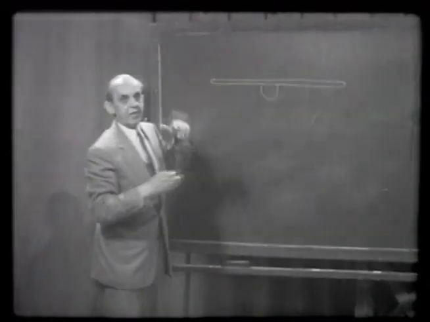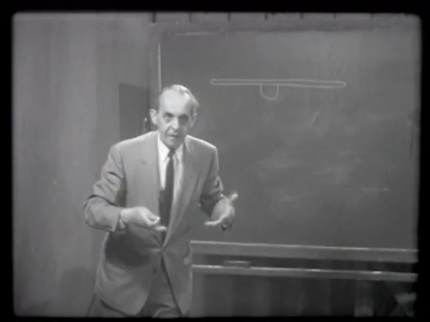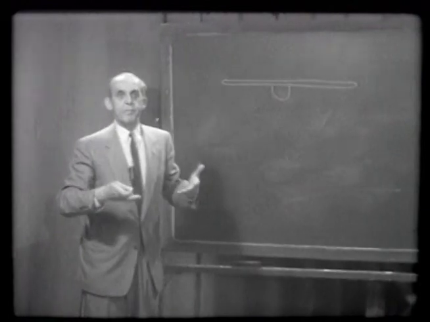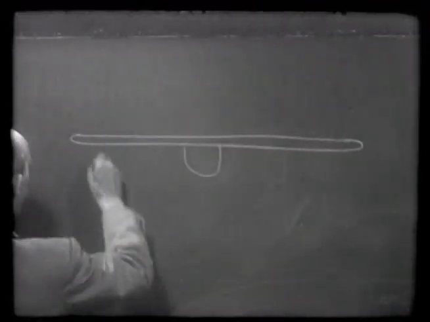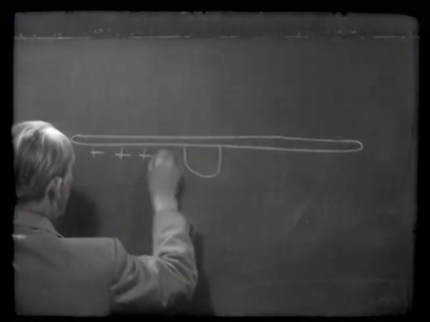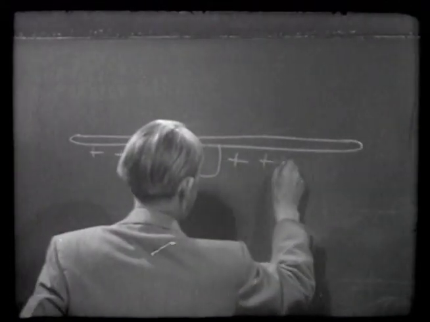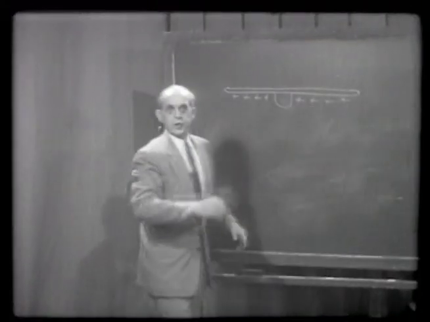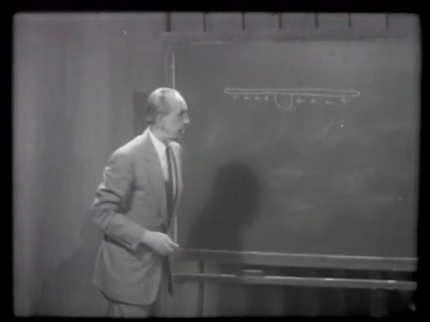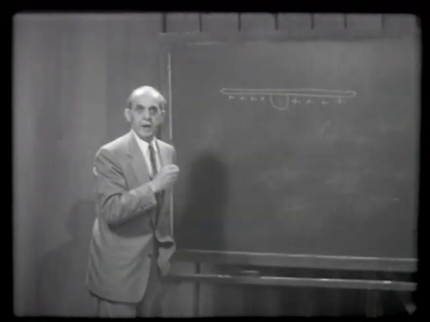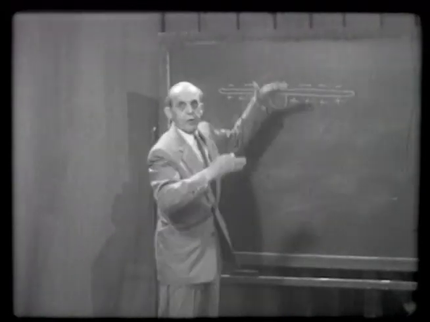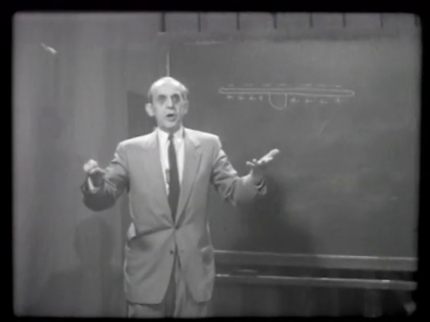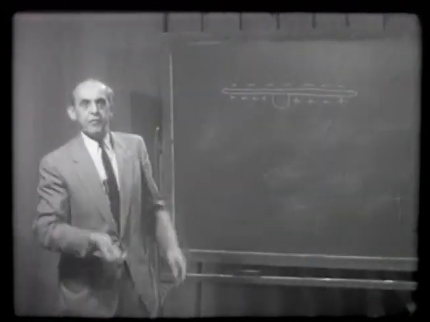Since this aircraft is supported by the air, you must have a pressure differential across the wings. So underneath the wings, you have apparently positive pressure, as we have seen in this tunnel, and we have demonstrated it. And above, you have negative pressure. And this pressure differential supports you because pressure underneath, suction above, gives the lift.